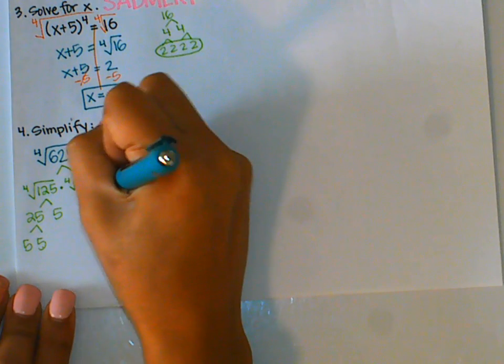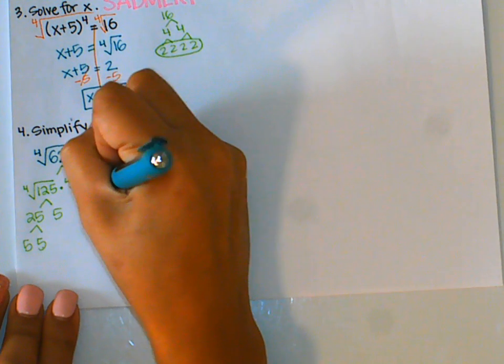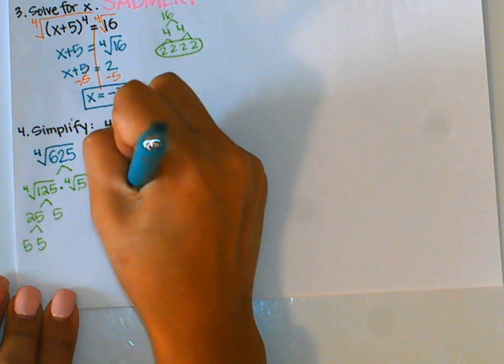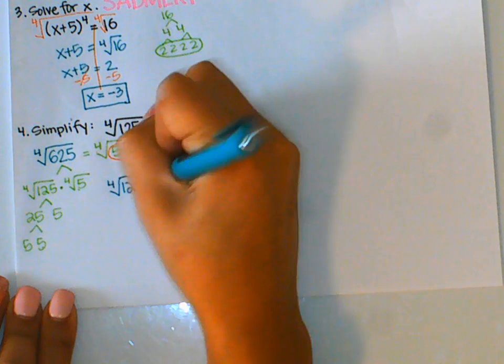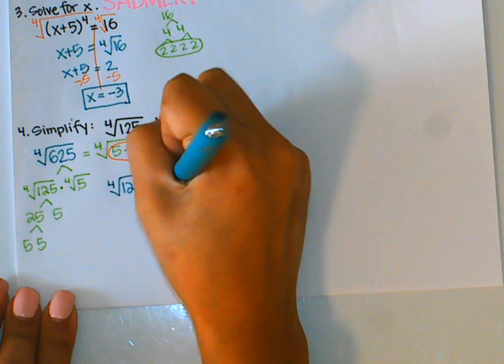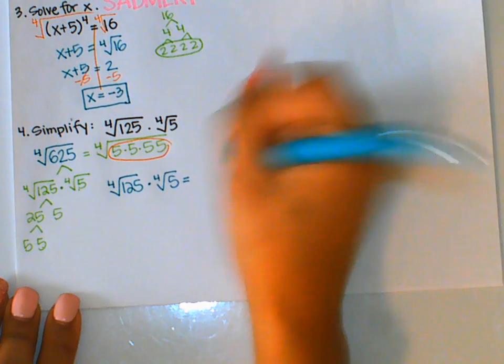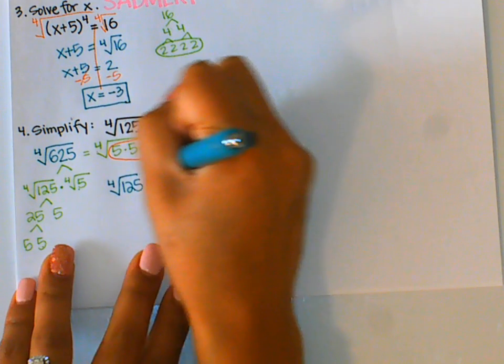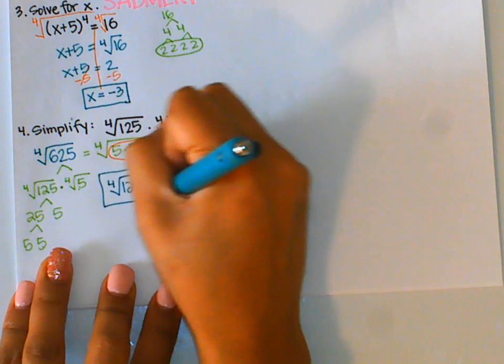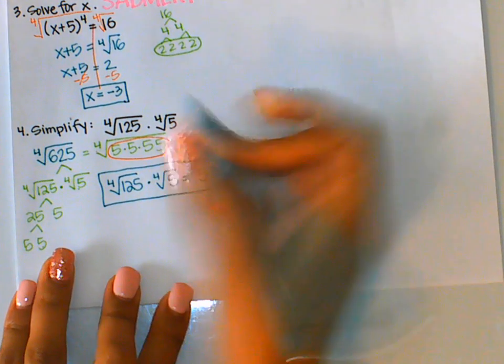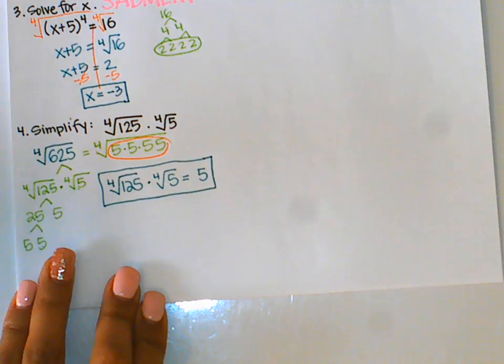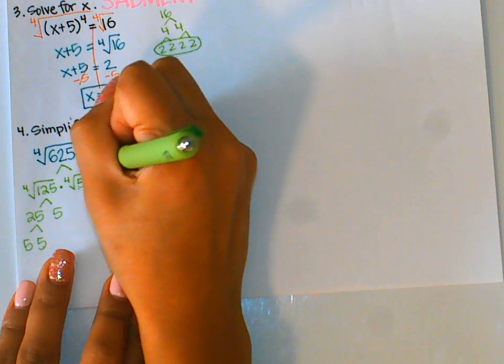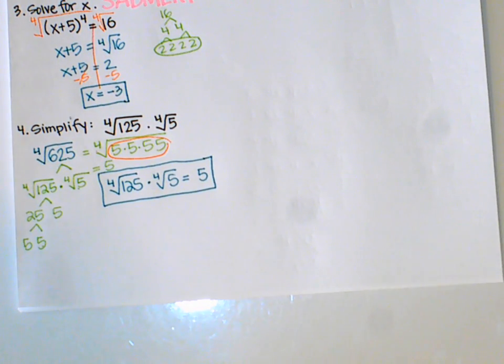Therefore, the fourth root of 125 times the fourth root of 5 is equal to 5, because I was able to pull this all the way out, and nothing was left inside of it.